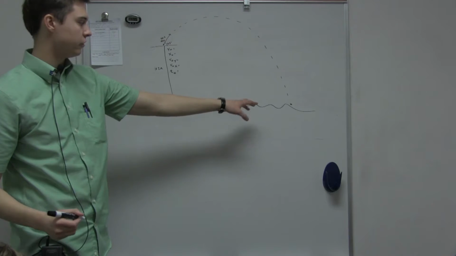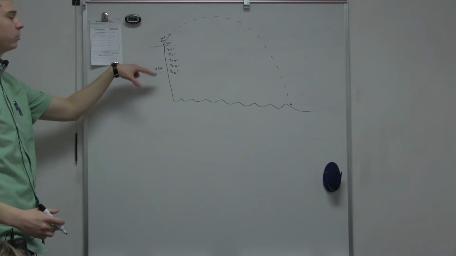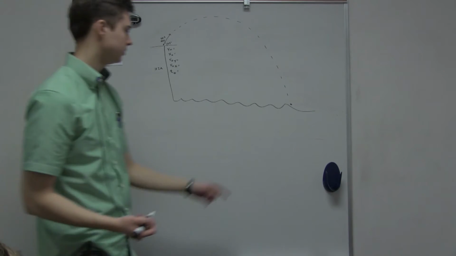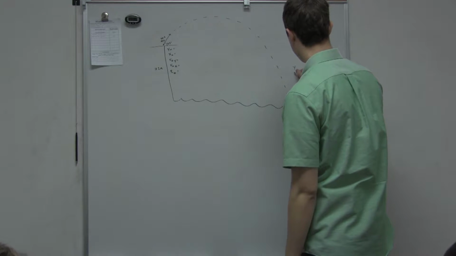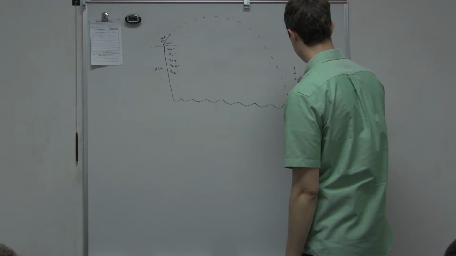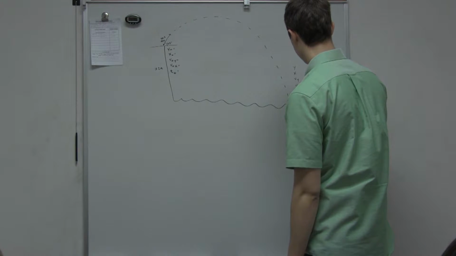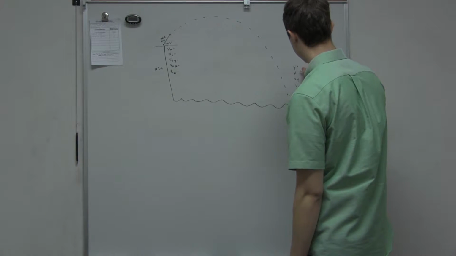And then down here we'd use the exact same set of variables, but without the naught sign, because these would be the final values. So we'd have y, x, vy, vx, and t.